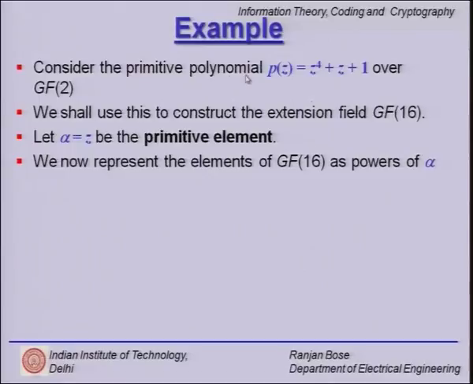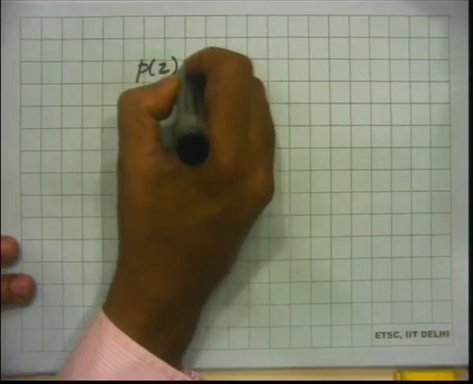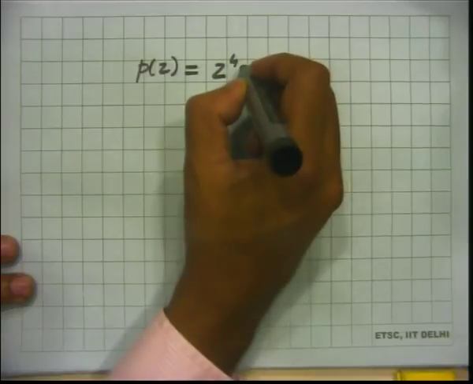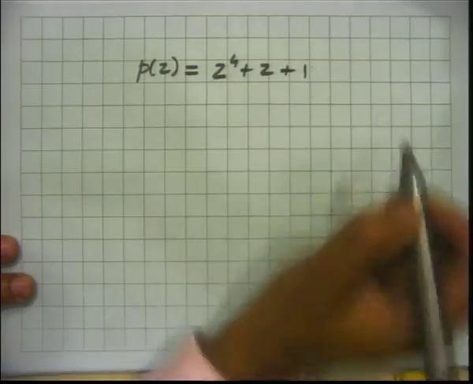Now, consider a primitive polynomial p(z) equal to z raised to power 4 plus z plus 1 over GF(2), and we wish to construct GF(16) modulo p(z). Now, please note, if you go back to the drawing board, we have p(z) equal to z raised to power 4 plus z plus 1.